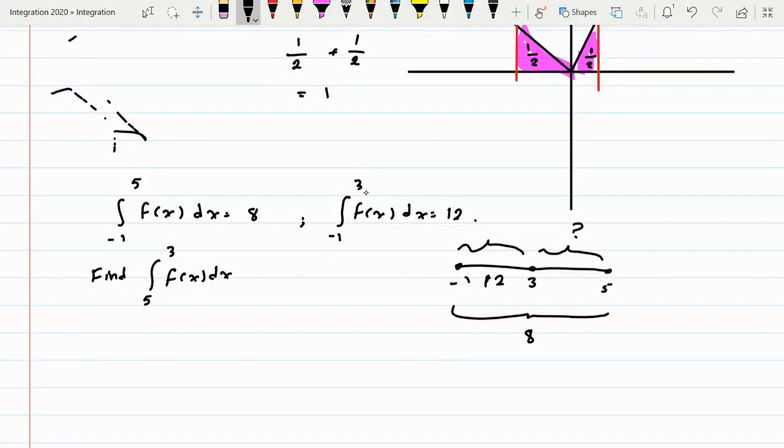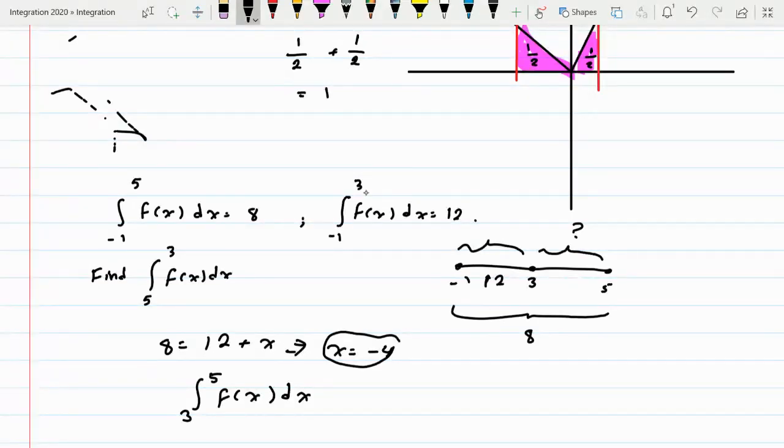So the integration from 3 to 5 is the bigger one minus the smaller one, because if you add this one plus this one, it's going to be 8. So 8 equals 12 plus, let me say, x. Am I right? So x equals 8 minus 12, which is negative 4. X in this case is the integration from 3 to 5 of f of x dx, which equals negative 4.